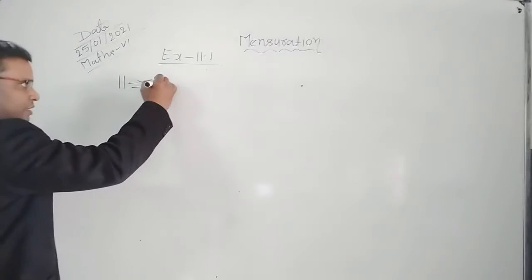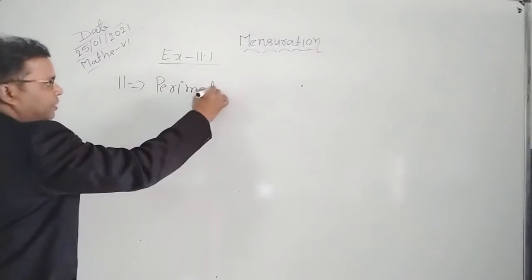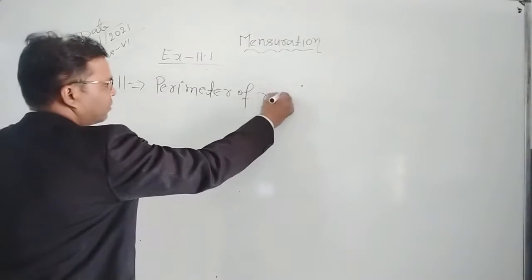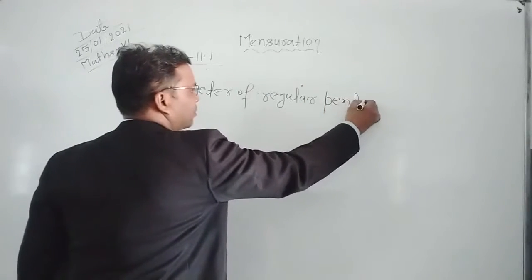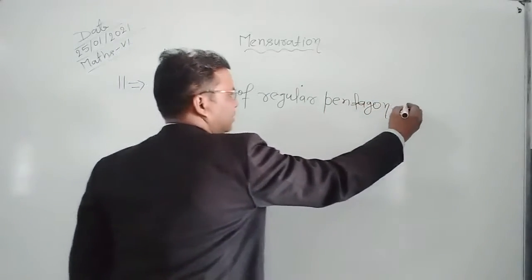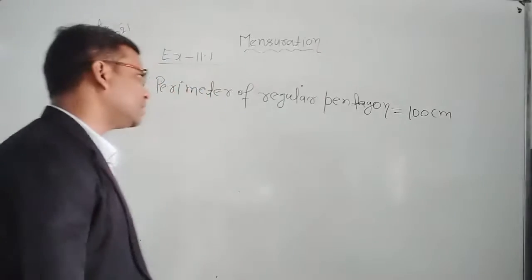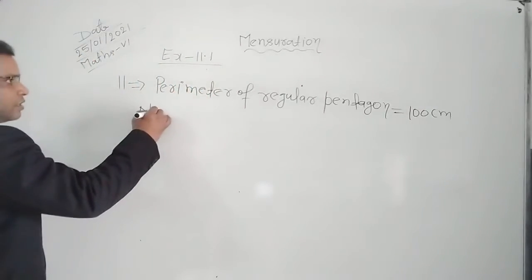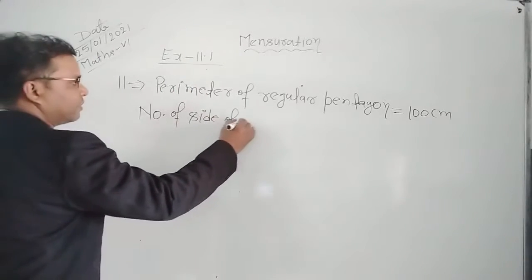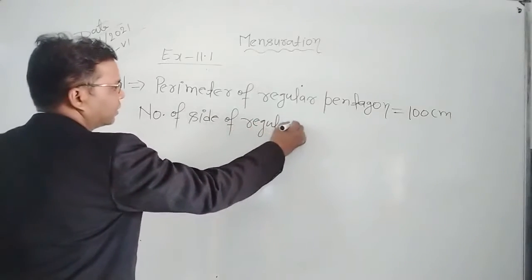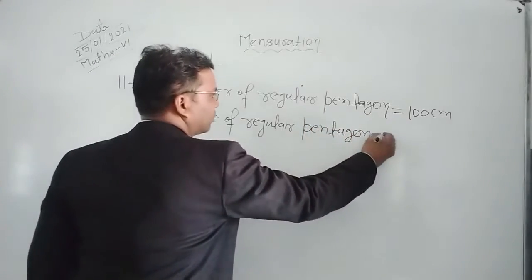We can write here the perimeter of regular pentagon is equal to 100 centimeter, and number of sides of a regular pentagon is equal to 5.